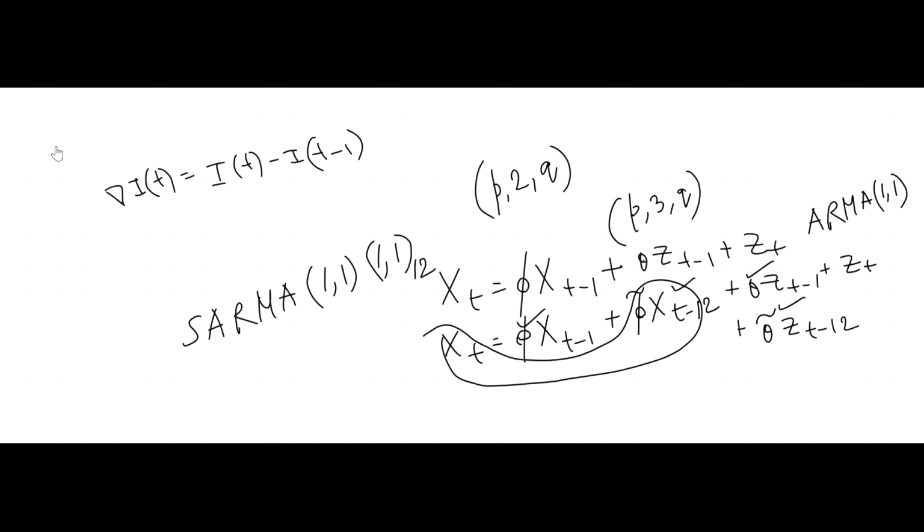Sometimes we take seasonal differencing. That means we don't take the difference of January with the December, the last month, but rather we take the differencing of January with the previous year's January. Such differencing is called seasonal difference.